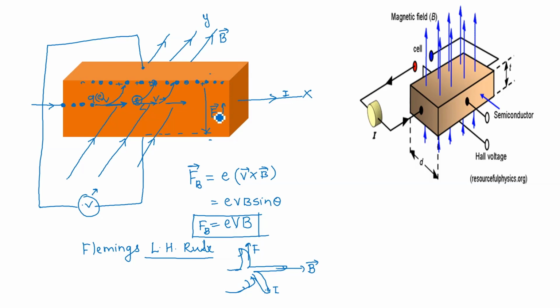Because of this electric field, an electric force is also exerted on the charged particle, and this electric force acts in the downward direction, in the direction of the electric field.